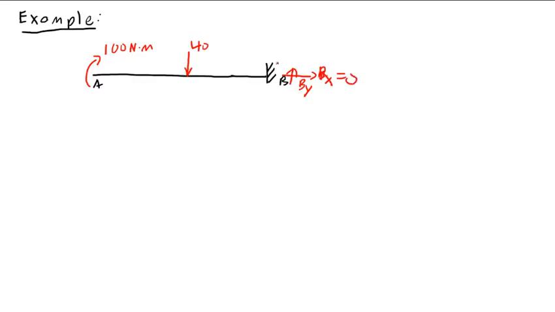And I'm just going to go ahead and draw this as MB, because I know it has to go in that direction. Actually, By is going to be, I'll tell you this now, 40 newtons, like this, and MB is 300 Newton meters.